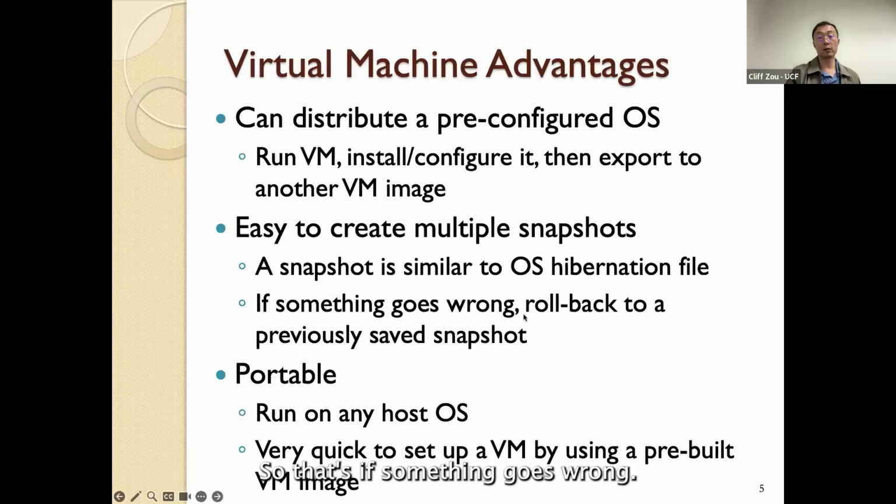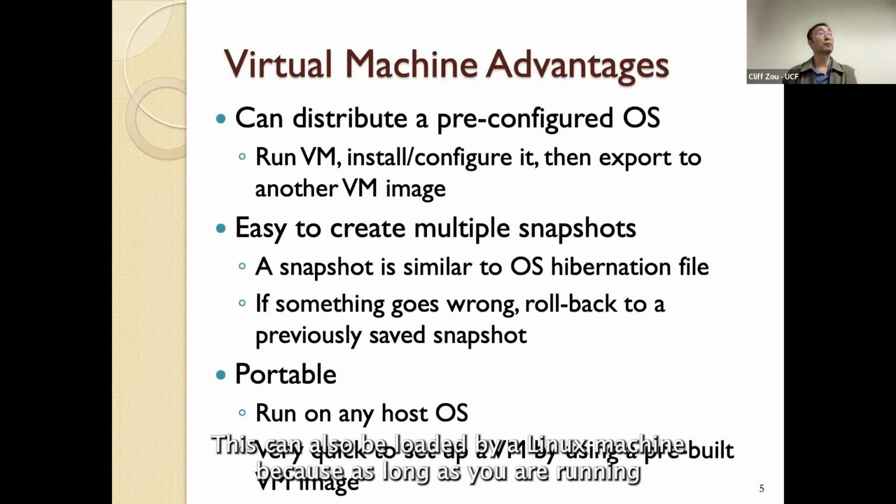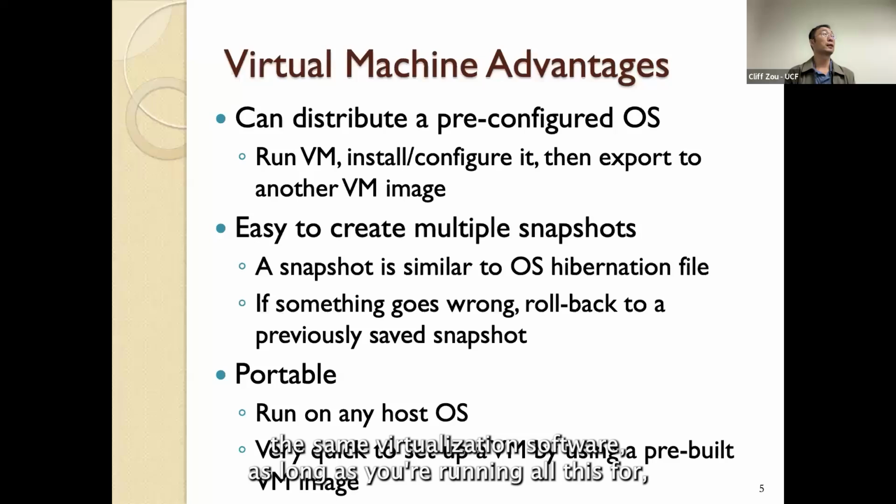So if something goes wrong, you can roll back to a previously saved snapshot. And it's very easy to do that. Portable: you can run on any host OS. If you have a VM image, you create it on a Windows machine, you export it. This can also be loaded by a Linux machine, as long as you are running the same virtualization software.